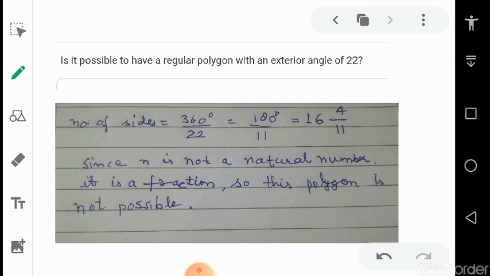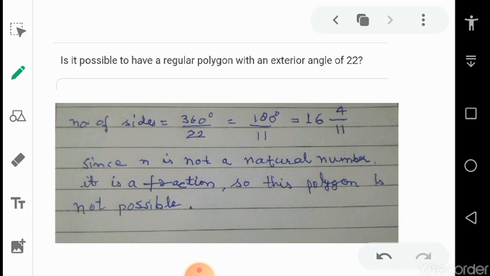Next question. It's very important, very, very important. Is it possible to have a regular polygon with an exterior angle of 22 degree? Is there any way to check that a polygon is possible or not with the given value of exterior angle? As you know, there are few sides in a polygon, starting from 3, 4, 5 and 6 and so on.